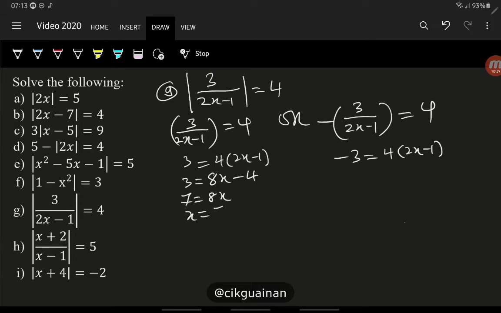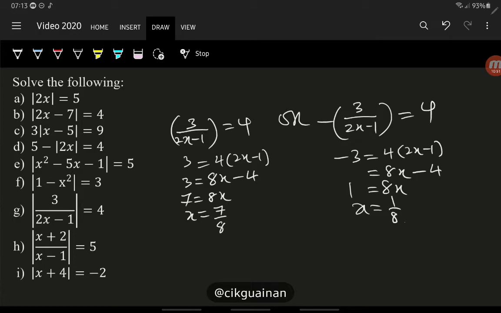So x is basically 7 over 8. Over this one, 8x minus 4, and then minus 3 minus 4 is minus 1, 8x. Right? Okay, and then x is minus 1 over 8. So this is the answer for G.